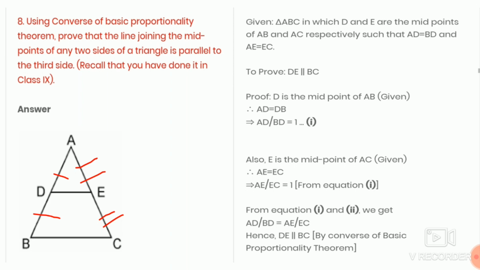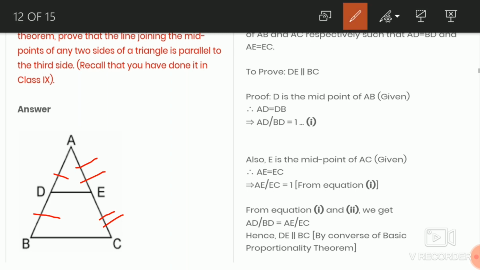Now, from equation 1 and 2, on the right hand side of both equation 1 and 2, what do we have? 1. Since on the right hand side we have 1, we can equate equation 1 and 2 and we will get AD by BD is equal to AE by EC. So, we get the ratio AD by BD is equal to AE by EC.